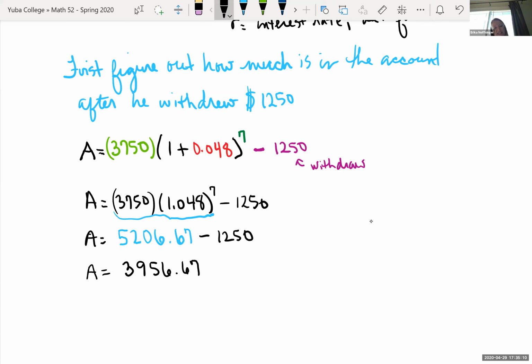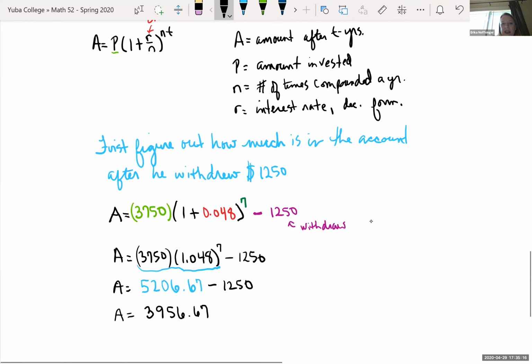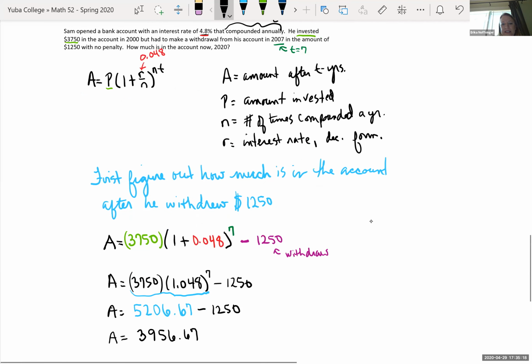So technically, this is kind of like what he's investing in 2007 with the same deal he had before. And now we want to see how much he has in the account now. So we have to figure out how many years it has been since 2007. And so now we have T is equal to 13 years.